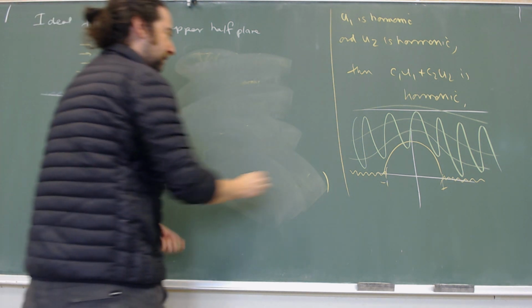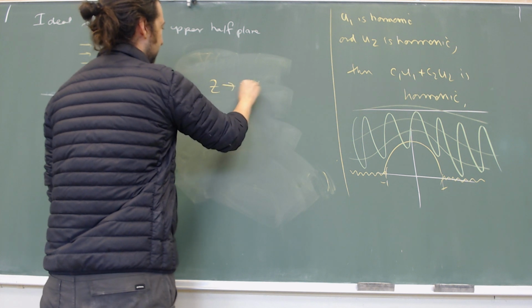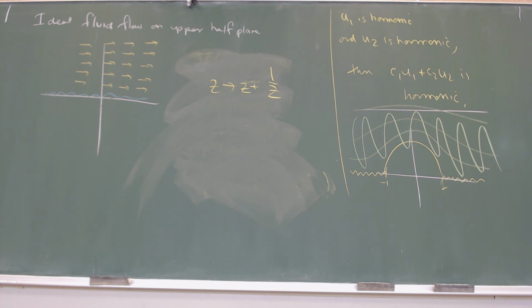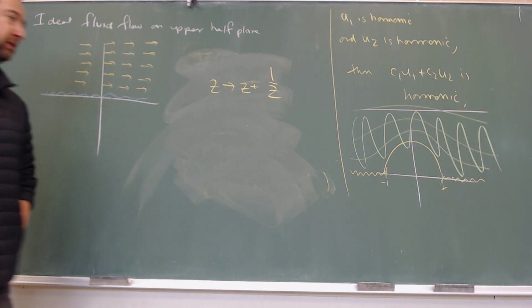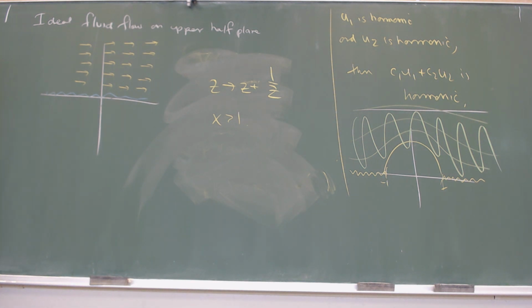So I'm going to take this and act on it by the map z goes to z plus 1 over z. What does that do to something that's bigger than 1 on the real line? Let's suppose that x is bigger than 1.